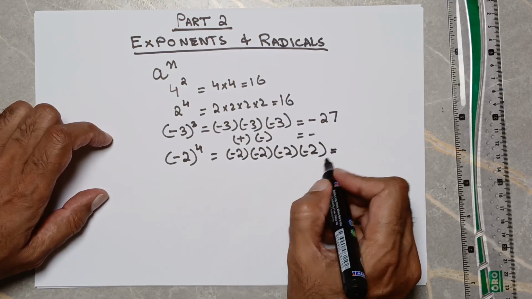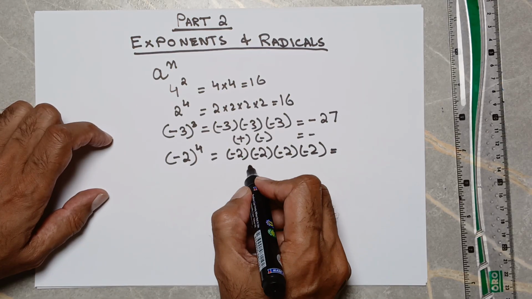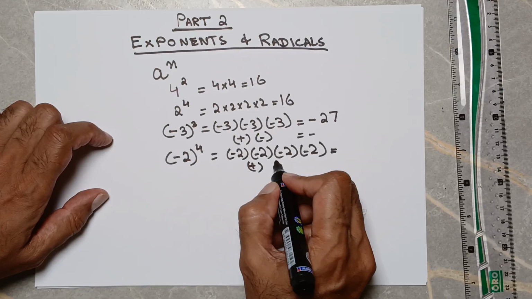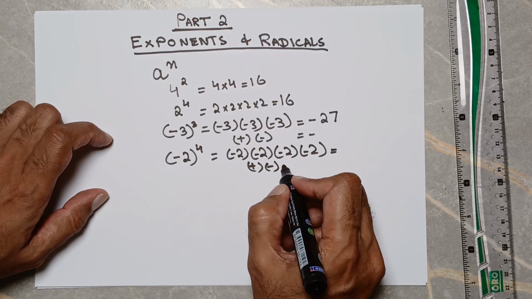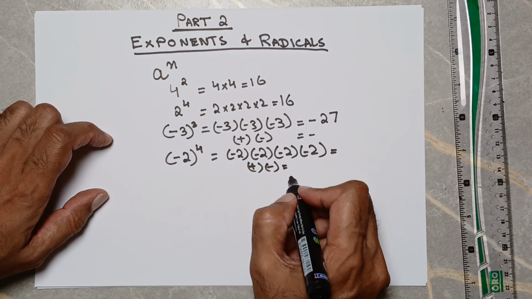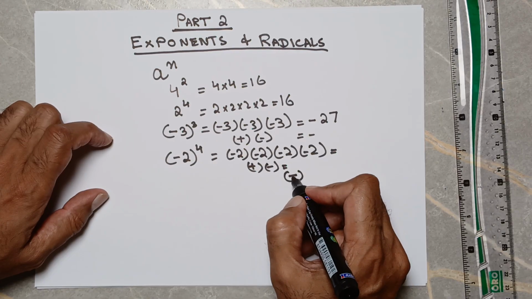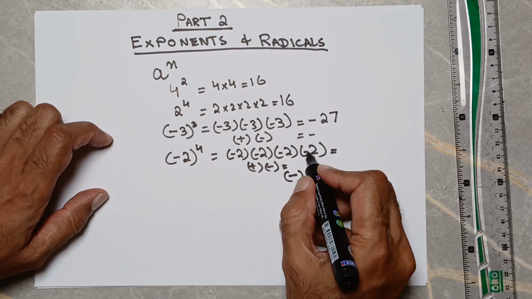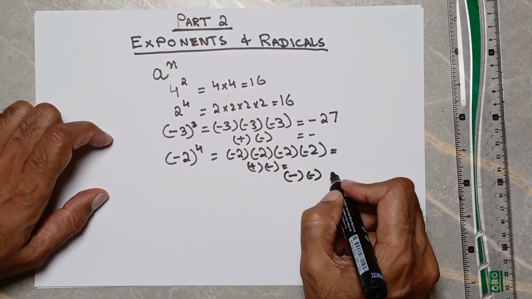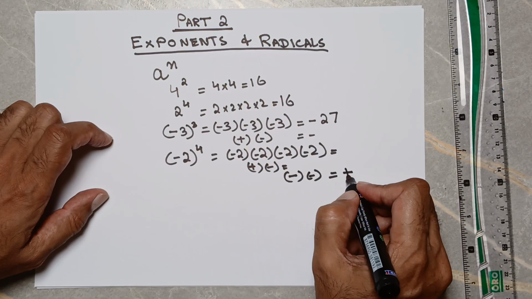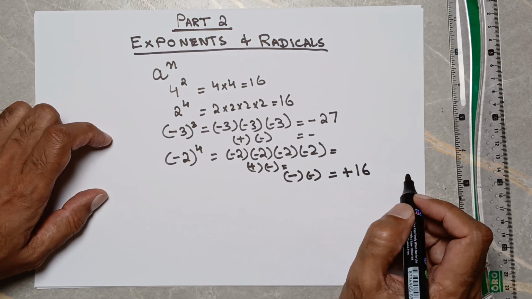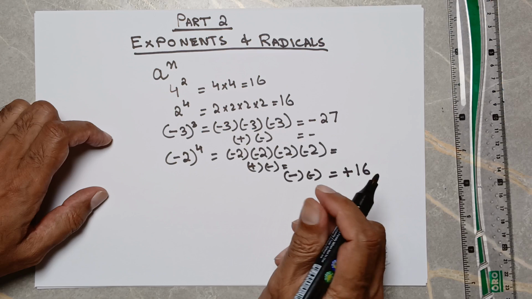What will you get? You will get 16. Minus and minus gives plus, plus multiplied by minus gives a minus, but when you multiply this minus with the last minus sign again, you will get a plus 16. I hope you have got the idea.